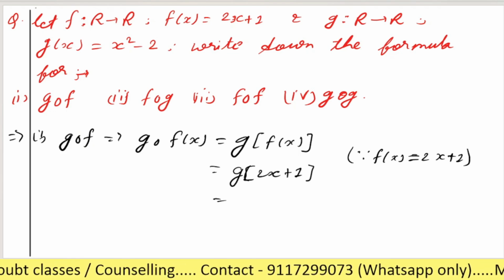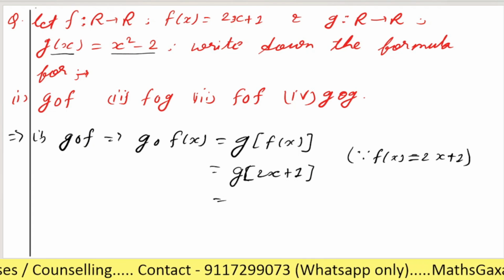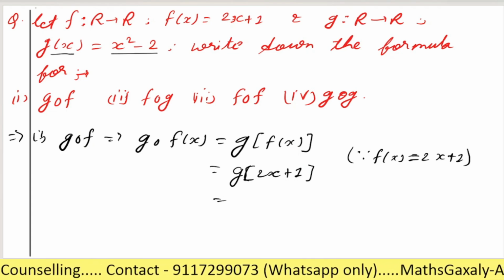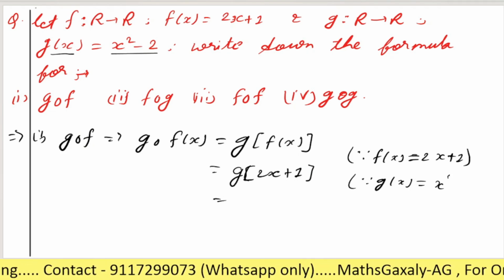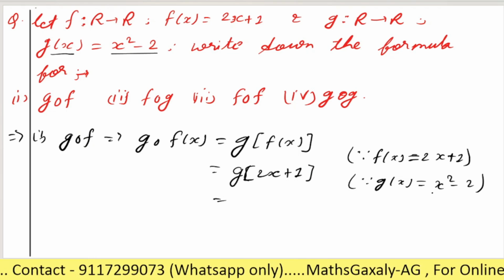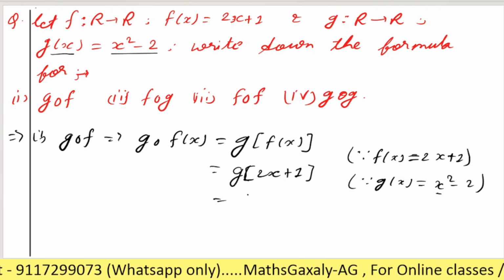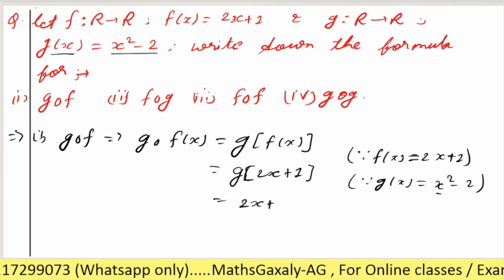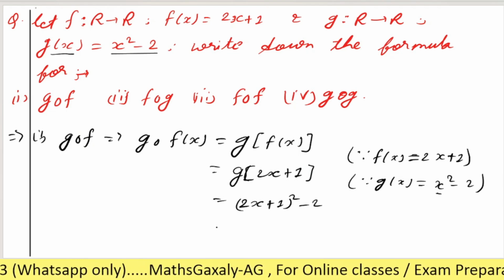Now it will be as a gx, which is x square minus 2. Since gx equals x square minus 2, in the place of x we will put 2x plus 1. So it will be (2x plus 1) whole square minus 2.